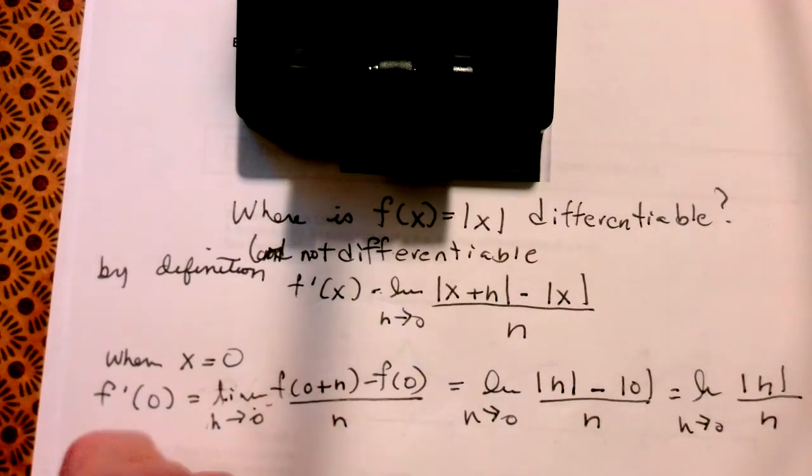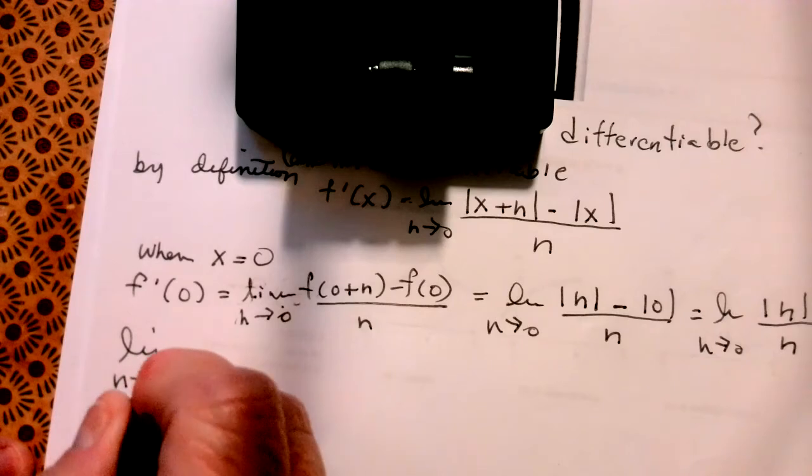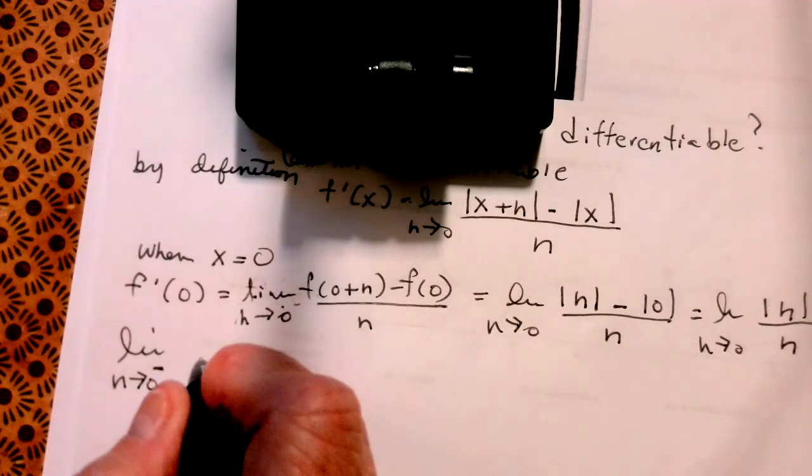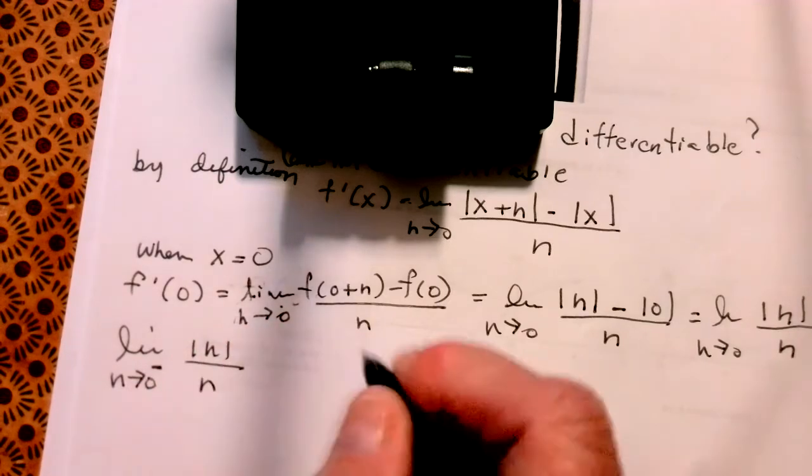Now, if we look at this limit as h goes to 0, if h is approaching 0 from the negative numbers, then the absolute value of h over h, well, h is negative.